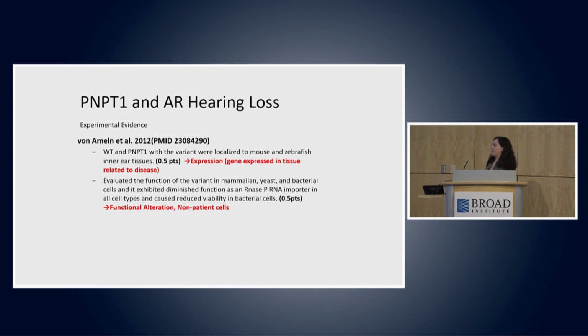So we use this for expression points here. The gene is expressed in a tissue related to the disease, and that was just a standard half point. They evaluated the function of the variant in mammalian, yeast and bacterial cells, and it exhibited diminished function as an RNase P RNA importer in all the cell types and caused reduced viability in bacterial cells. And so for that, we just did functional alteration in non-patient cells, and that was a standard half point there.